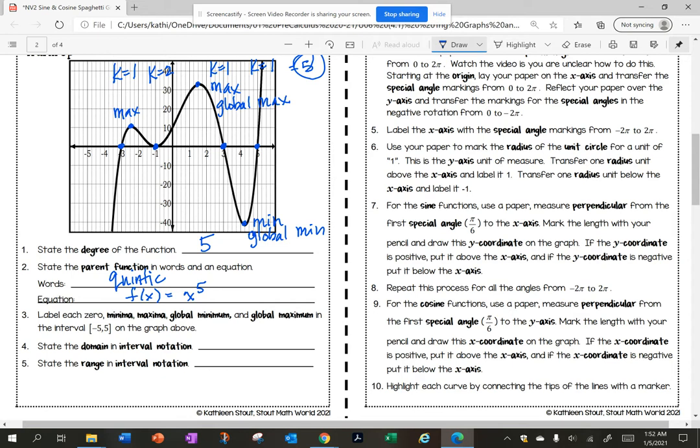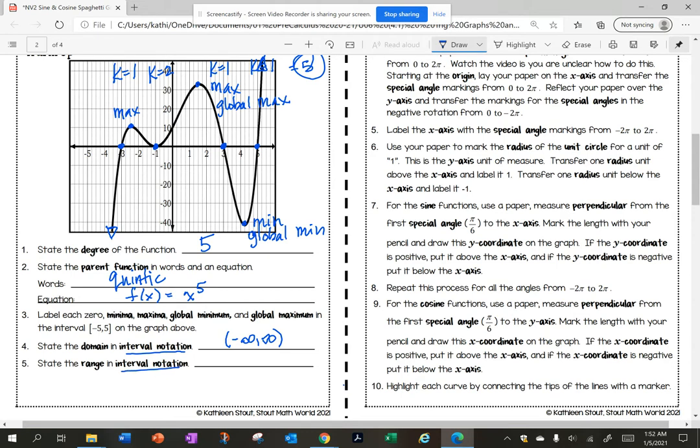And what is the domain? Domain is from left to right. I have arrows on here, so that means I continue. So my domain, and we're going to write this in interval notation, is from -infinity to +infinity. Range is from bottom to top.